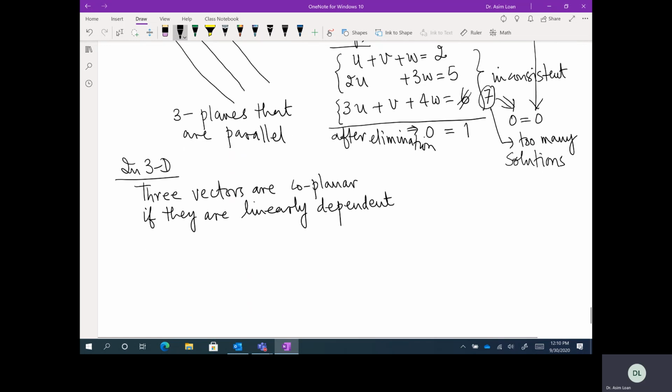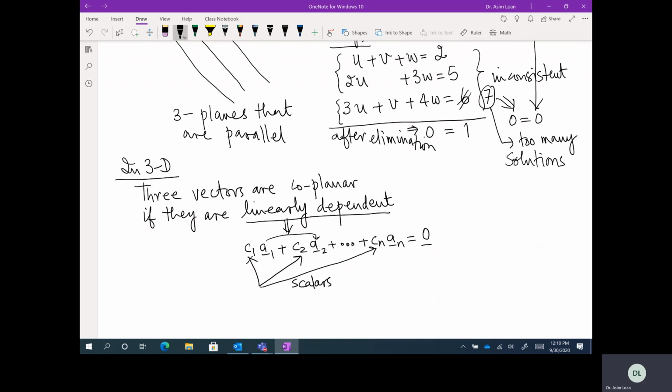And what is the definition of linearly dependent? Linearly dependent implies that if you have scalars, C1 A1 plus C2 A2 plus up to Cn An equals the 0 vector. So these are scalars, obviously the A's are vectors, and this is a 0 vector.